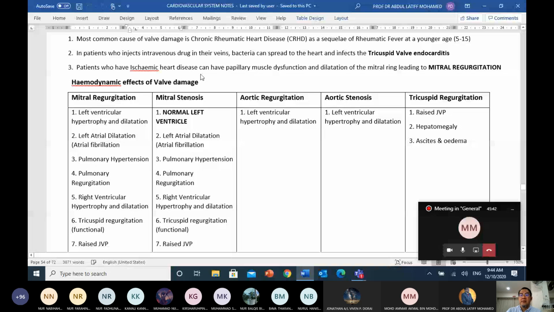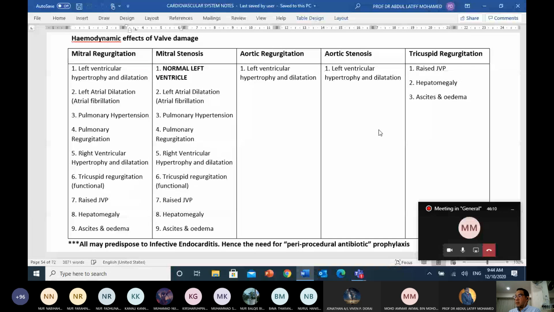So, patients who have mitral regurgitation can have a lot of consequences.